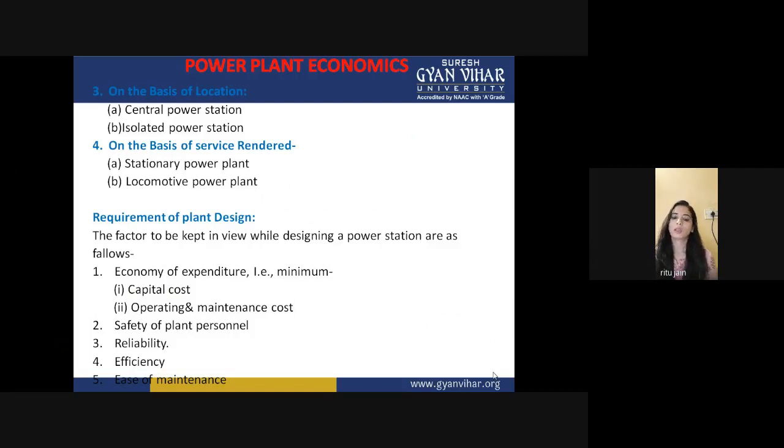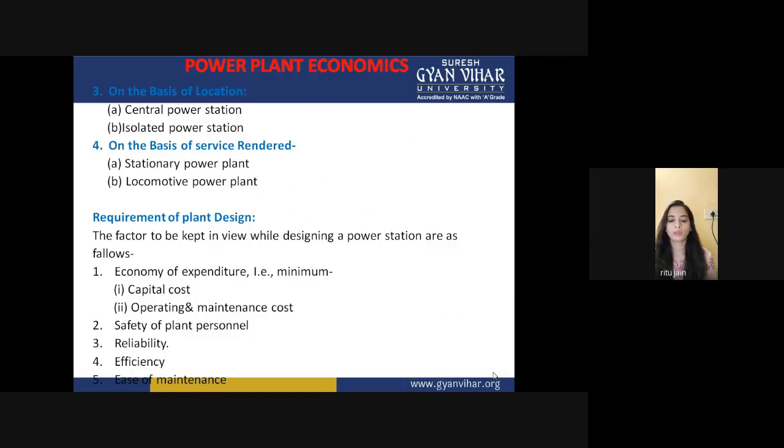Capital cost means if you want to set up a power plant, you have to purchase land, you have to purchase equipment, and you have to do some investment, insurance, and many other things.